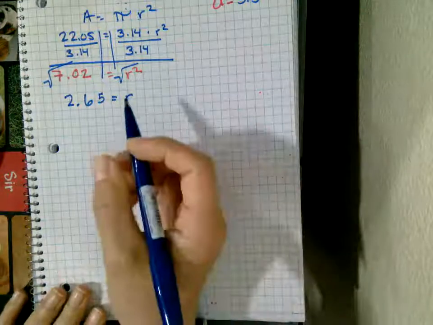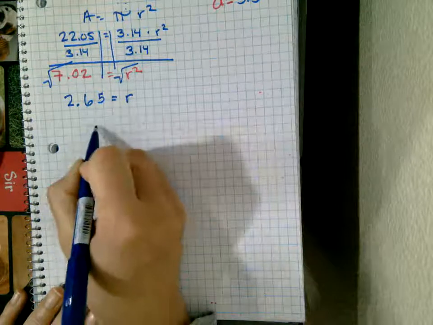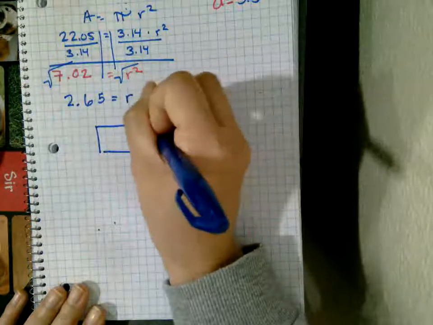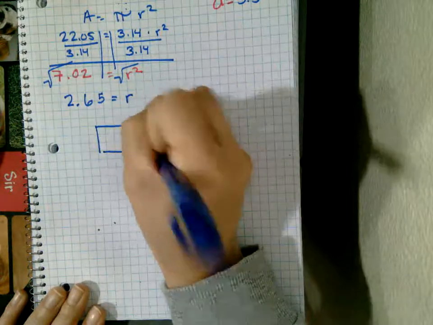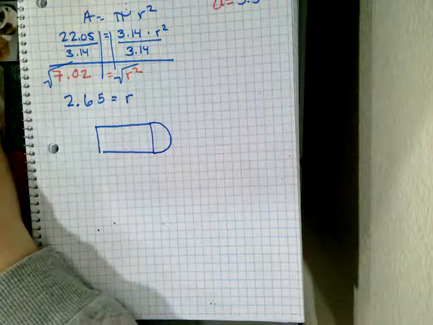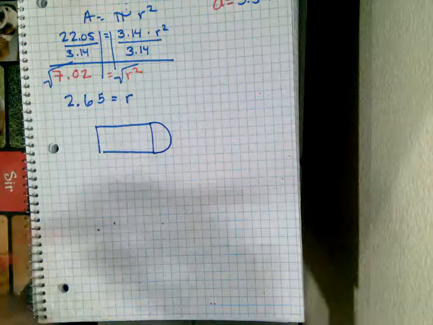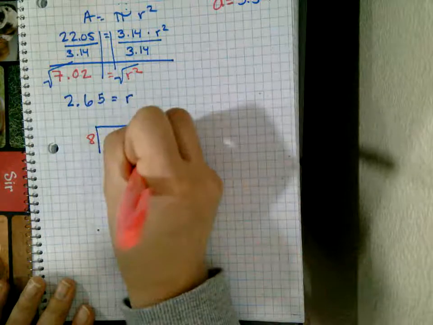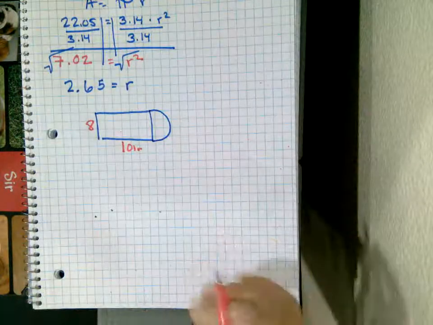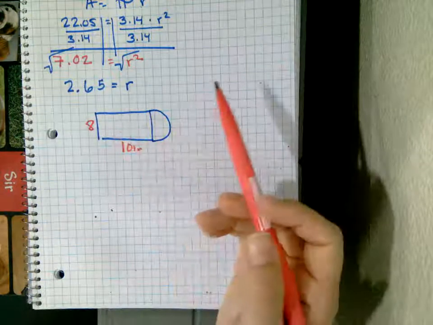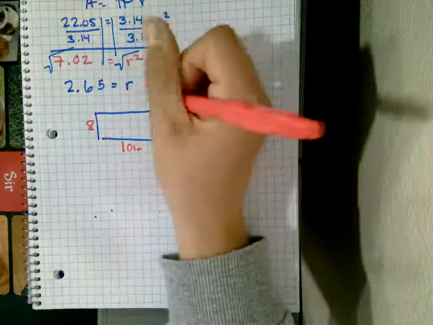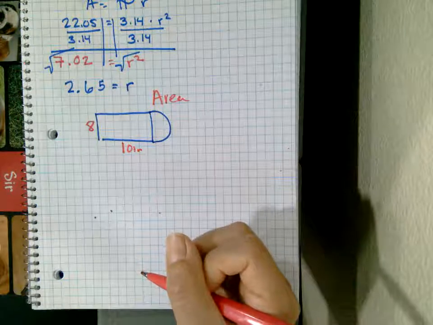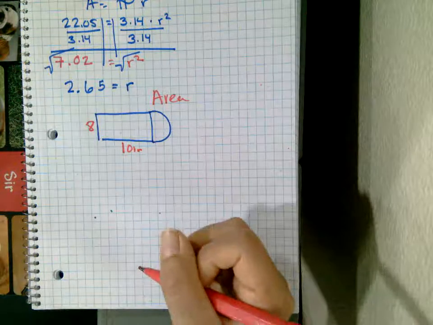All right, so let's start off with a shape that looks like this. Okay, so let's say this is, I don't know what it is, and we need to find the area. I have given you enough information to find the area.